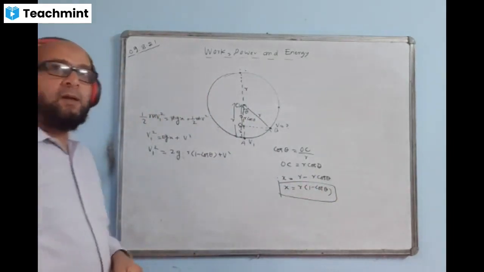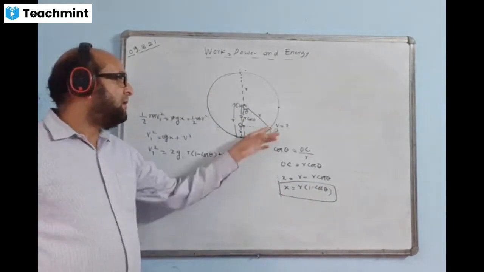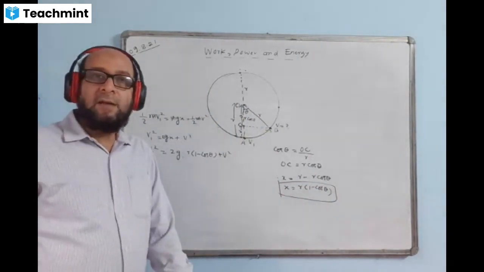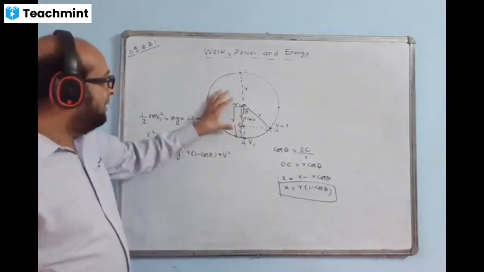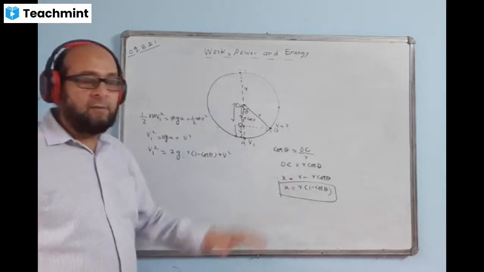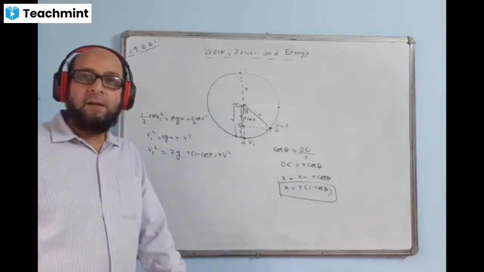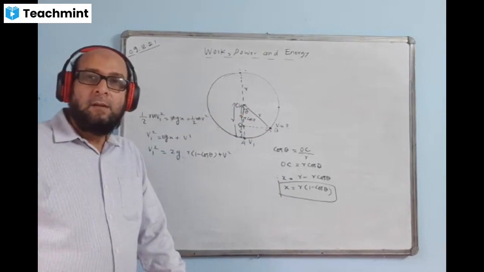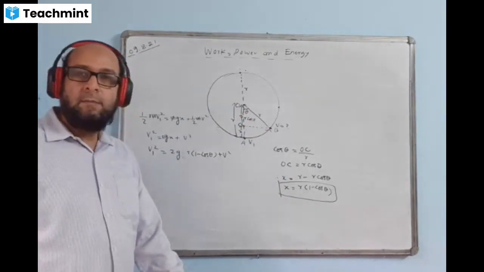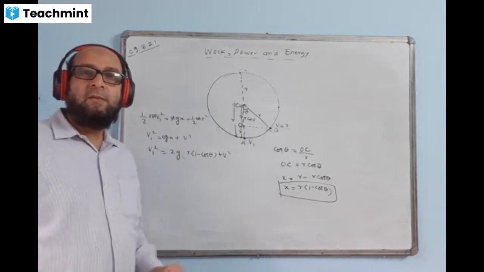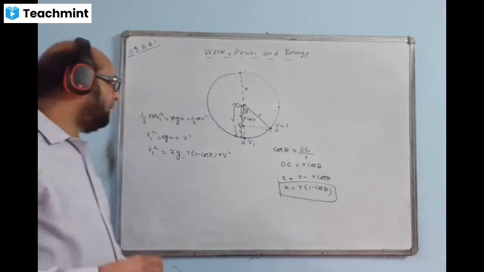Whenever the height of the body is not given, and instead the angle is given, we take the height as the radius times bracket 1 minus cos theta. This trick will apply. Understood? Have you understood? Yes, sir. Okay.